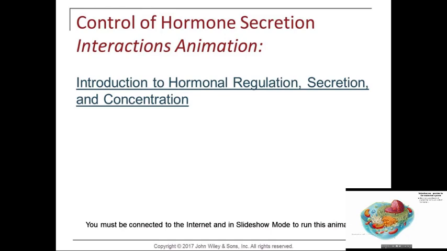Secretory products of endocrine cells are called hormones. Secretory vesicles release the hormones into the extracellular fluid via the process of exocytosis. The hormones are transferred to other cells in the body. These are called target cells.